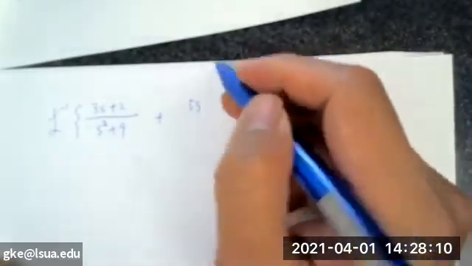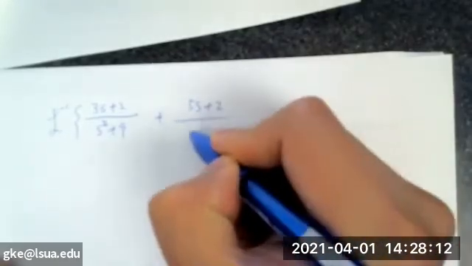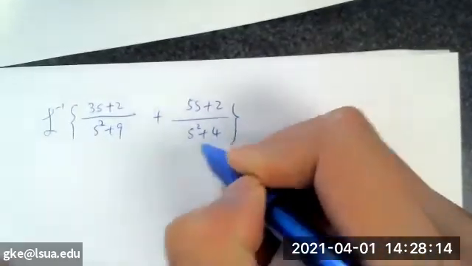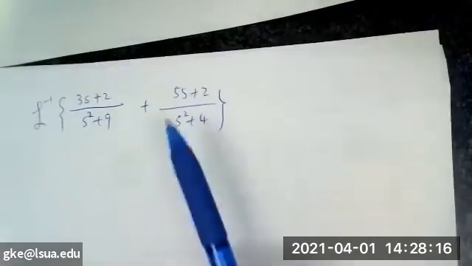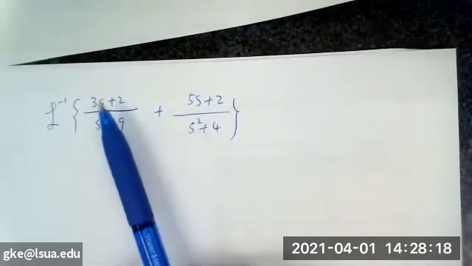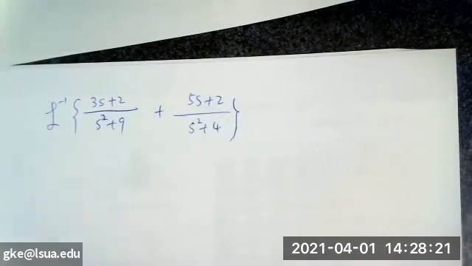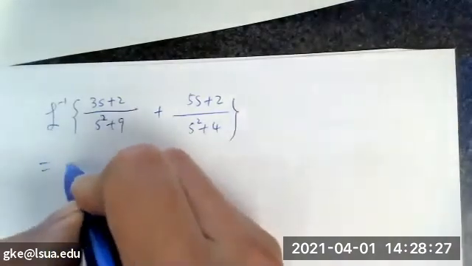Okay. And in the numerator, we have an s term and a constant, so we can spread this into two terms, right?